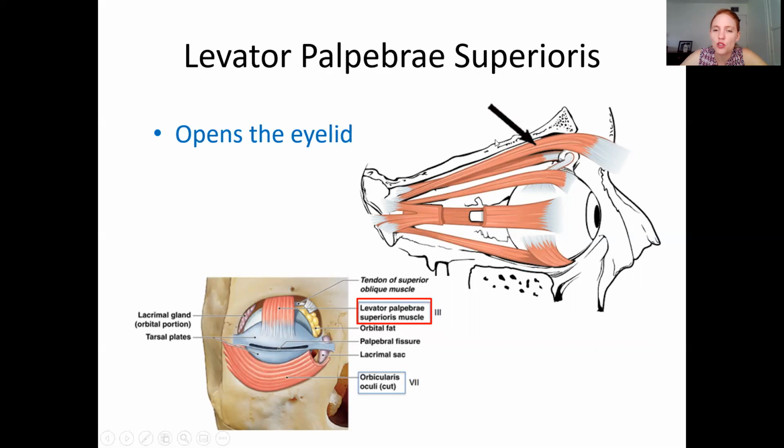And when you look at it on the models, sometimes it's missing. So if you look at a model and it doesn't have two muscles on the top, just one, that's going to be a different muscle. That's going to be called the superior oblique muscle here. So if it's a second one kind of overlaid on top of that, that is going to be the levator palpebrae superioris. Again, palpebrae means eyelid.